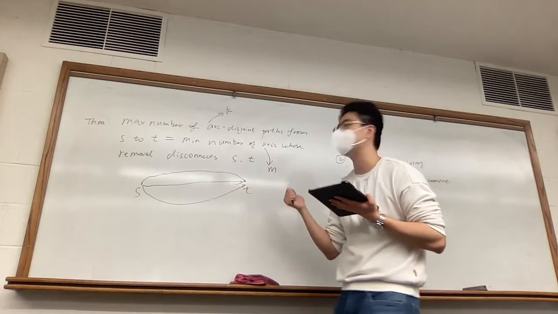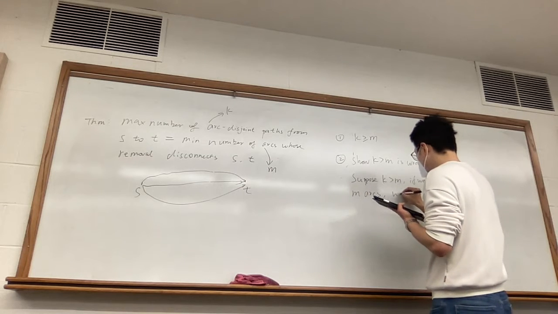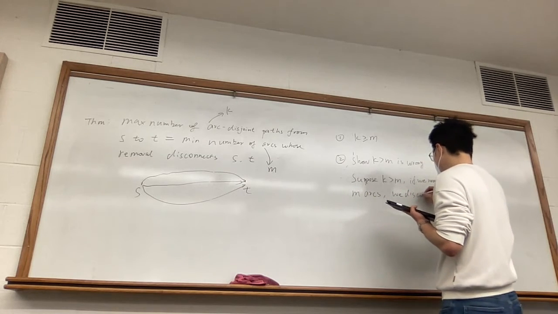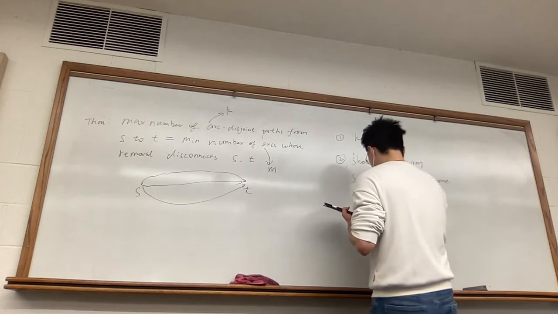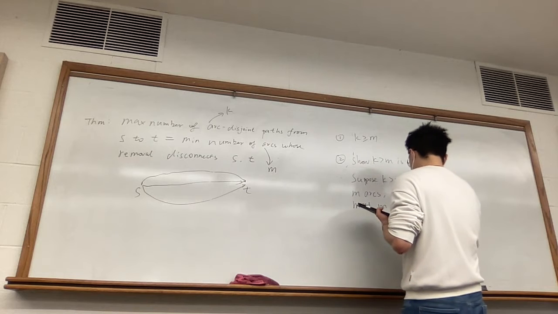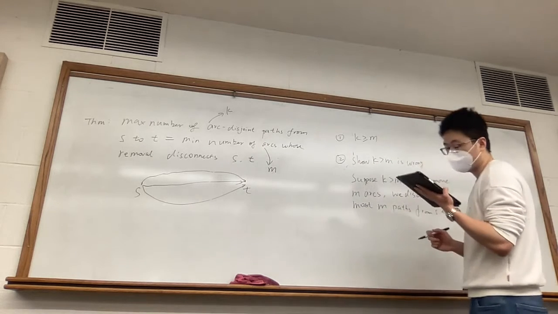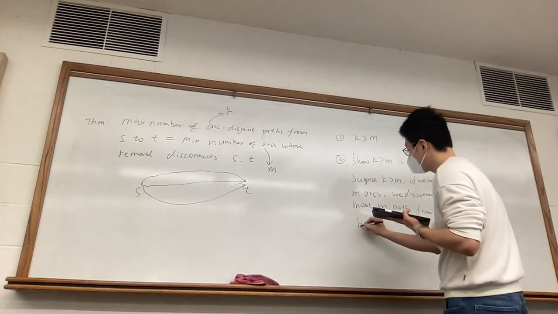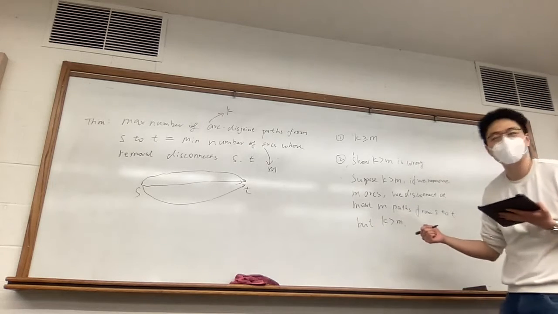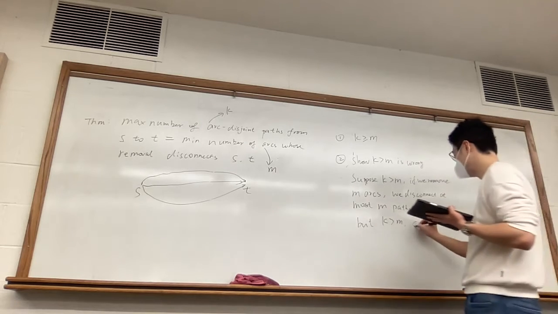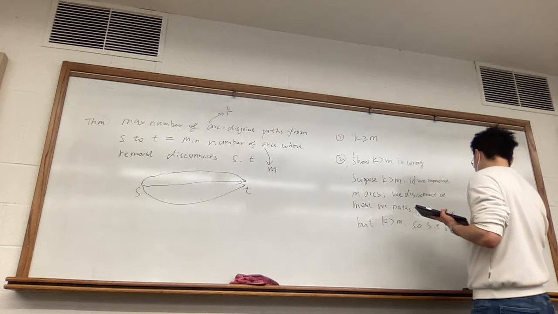This is called the pigeonhole principle. We disconnect at most M paths. However, we have K greater than M. So S and T are still connected.